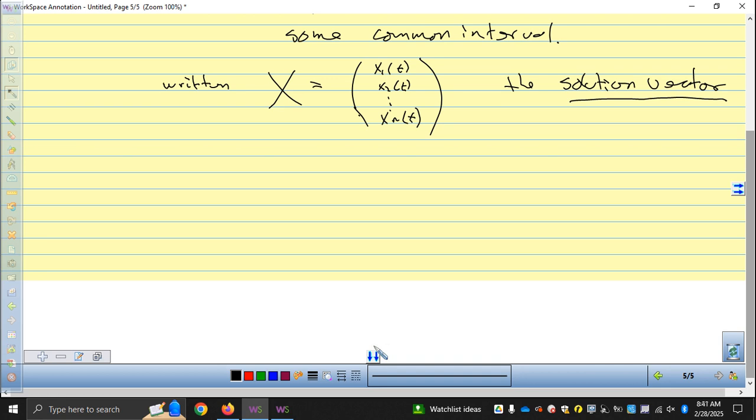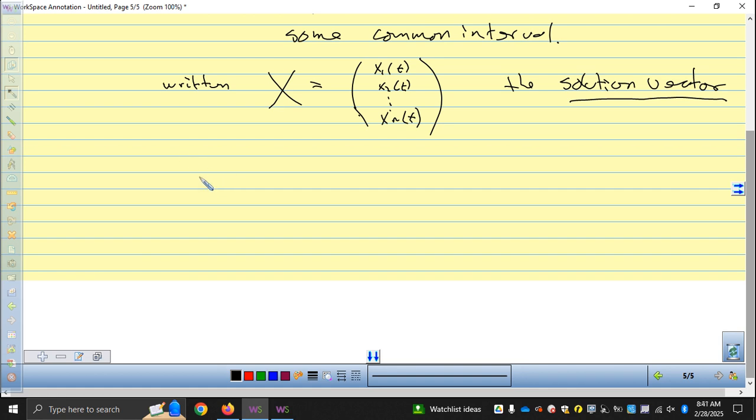Now we can think of the solution as a set of parametric equations, and those parametric equations produce some kind of curve in space. If we think of a three-variable system, we have x of t, y of t, and z of t. We can think of that as a set of parametric equations describing some curve in three-dimensional space.